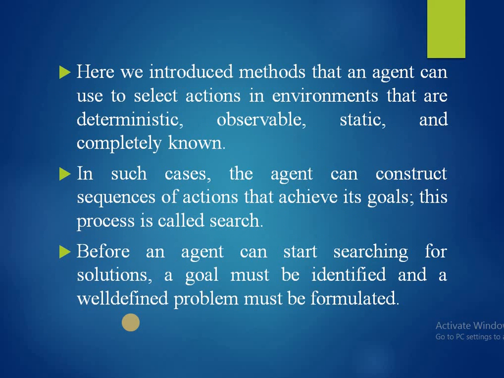Here we introduced methods that an agent can use to select actions in environments that are deterministic, observable, static, and completely known. In such cases, the agent can construct sequences of actions that achieve its goals. This process is called search. Before an agent can start searching for solutions, a goal must be identified and a well-defined problem must be formulated.